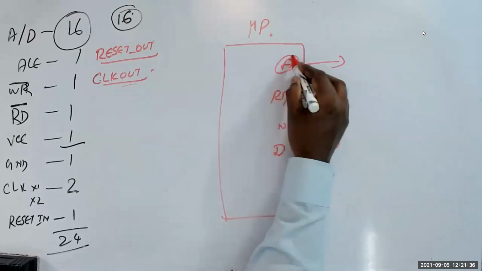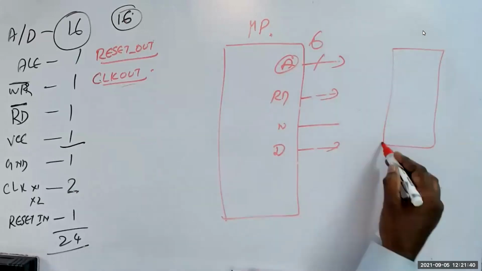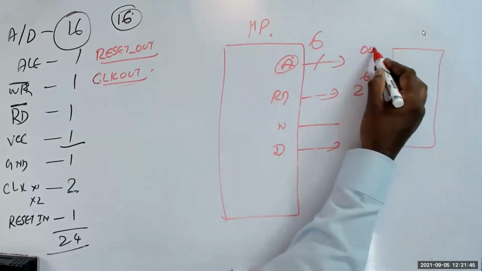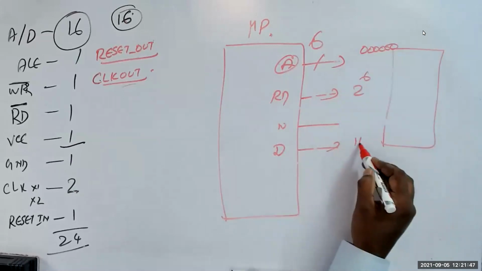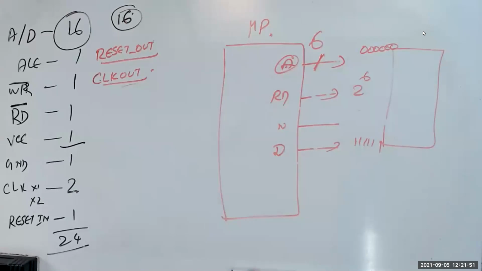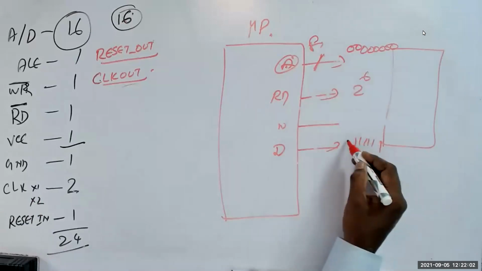If my address is 6 lines, I can access a memory of 2 power 6, that is 000000 to 111111. That is what the address line means. If your address line is 8, I can go from 00000000 to 11111111.